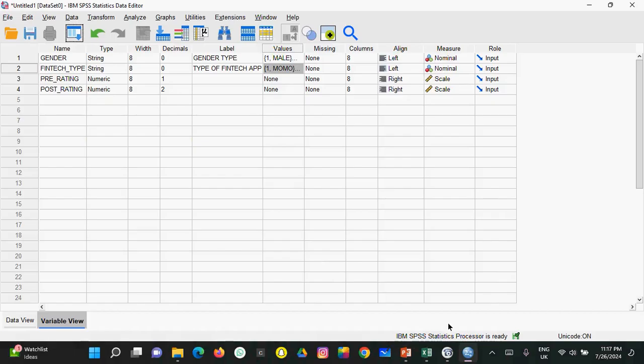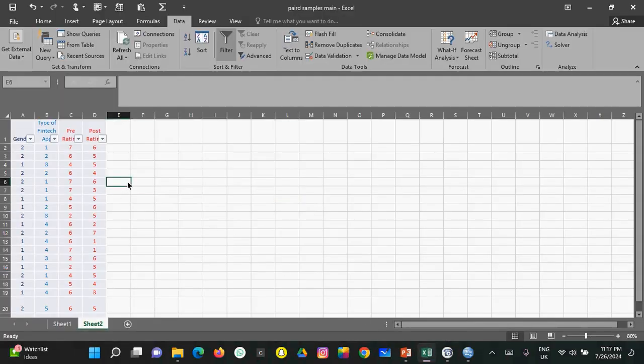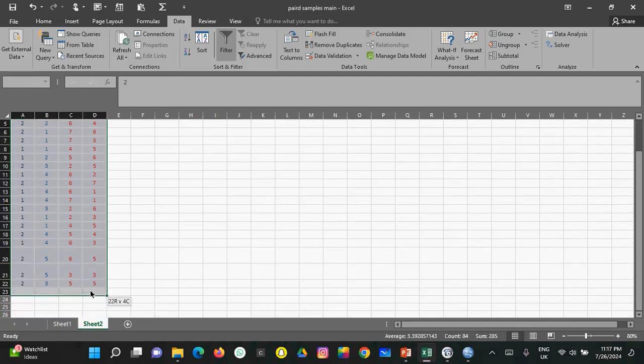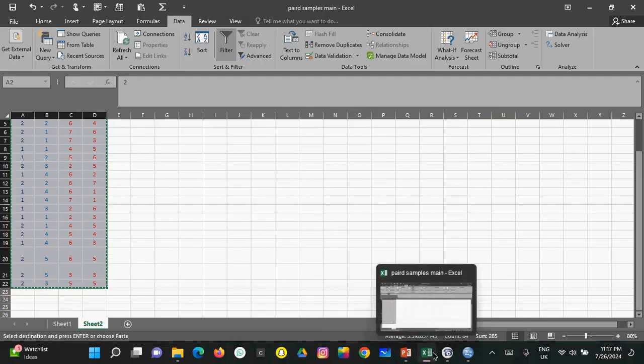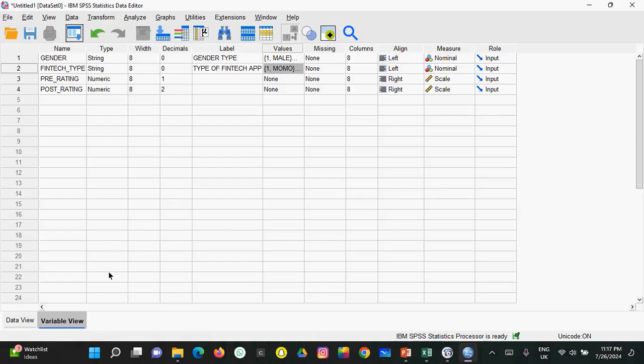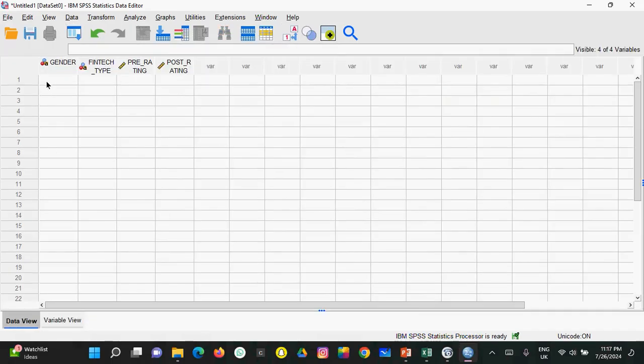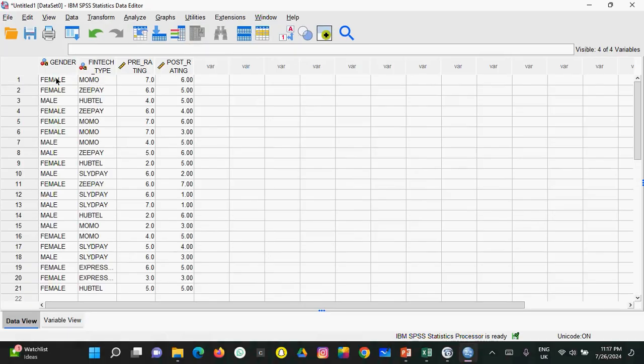All right, so now we are coming to export it to SPSS. So highlight all, then Control plus C, or you can right click and then click on copy. Come to the SPSS Data View, just tap on the first listing under gender, then Control plus V. So everything has changed.